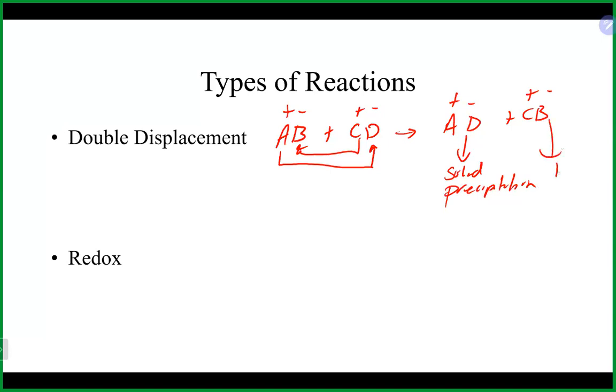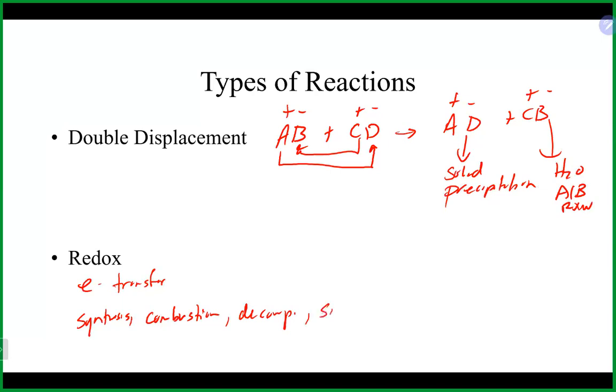One of the products could be water, which is more of an acid-base reaction that we talked about. Again, redox is about electrons being transferred, and that covered all those other classifications we talked about: synthesis, combustion, decomposition, and single replacement.